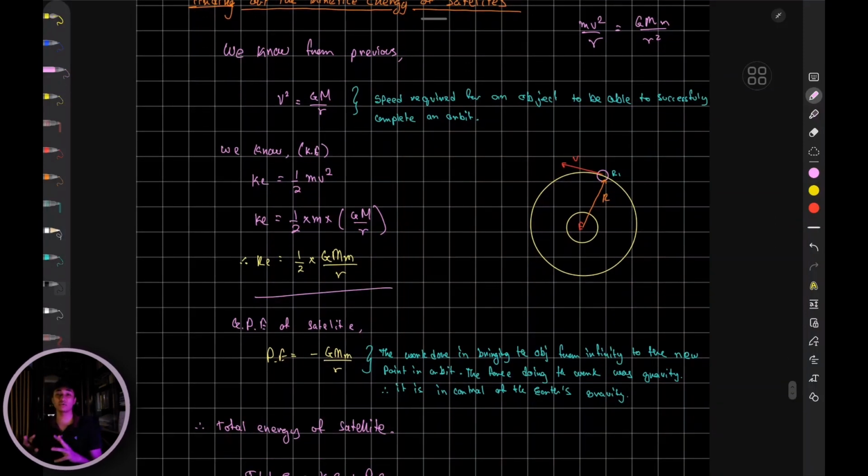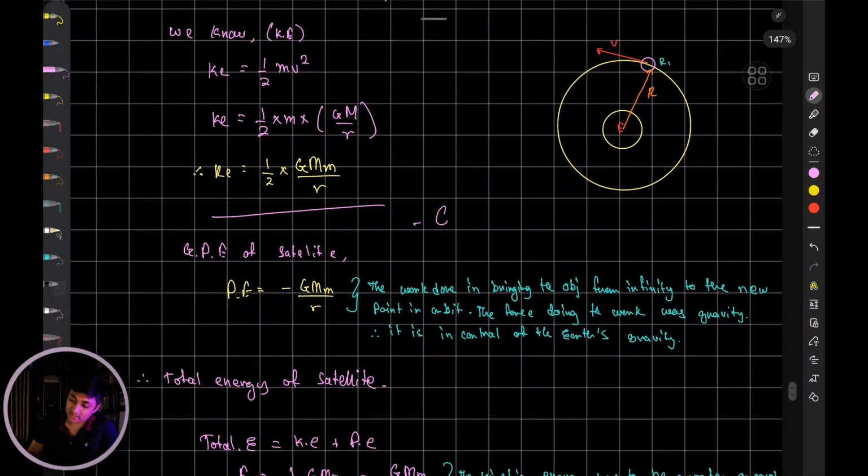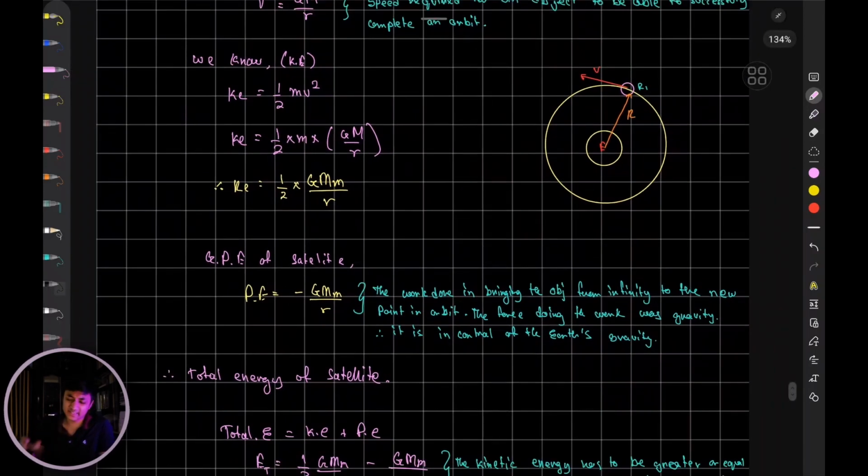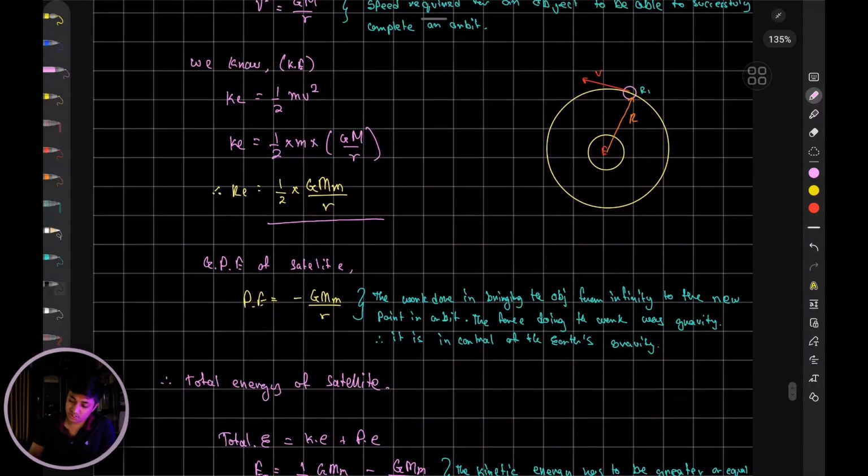Now let's figure out its gravitational potential energy due to its position in the field of Earth. That is minus GMm by r. Can you notice something interesting here? The kinetic energy is exactly half of the magnitude of the gravitational potential energy, and this is going to be quite useful later in this video.